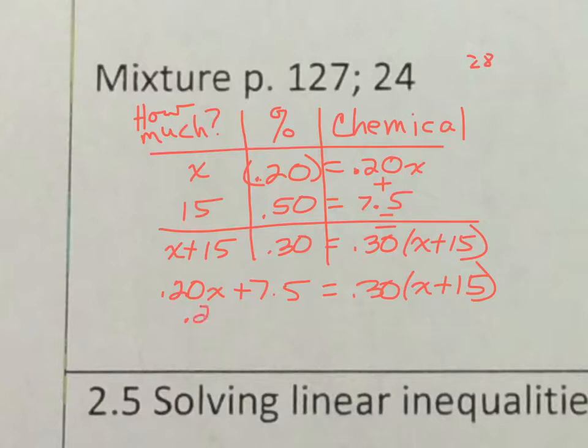So I got 0.20x plus 7.5. If I multiply the 0.30, that'll give me 0.30x, and I believe if you take 0.30 times 15, you're going to get 4.5. I'll put my x's on the right-hand side, so I'm going to subtract 0.20x from both sides.